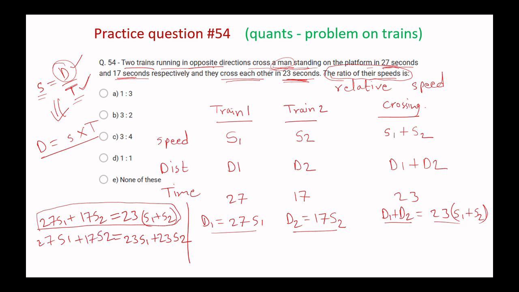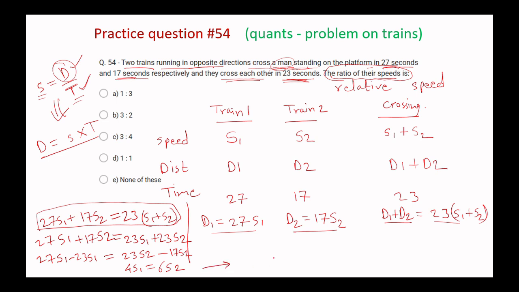Now we will rearrange the terms so that 27 s1 minus 23 s1 will be on one side, and on the other side it will be 23 s2 minus 17 s2. So we will remain with 27 s1 minus 23 s1, that is 4 s1, is equal to 23 minus 17, which is 6 s2.